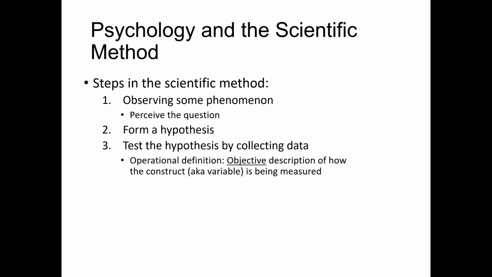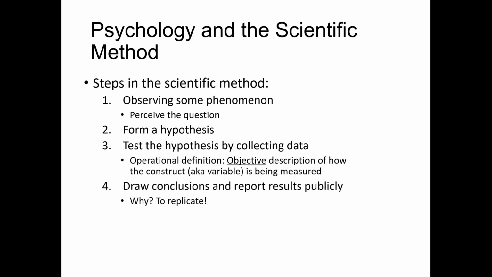And then in step 4, finally, we are able to draw a conclusion about our findings and typically report results publicly, and oftentimes in a scientific journal. And this is really important because to be considered a scientific field, we want to know whether the findings are found consistently.